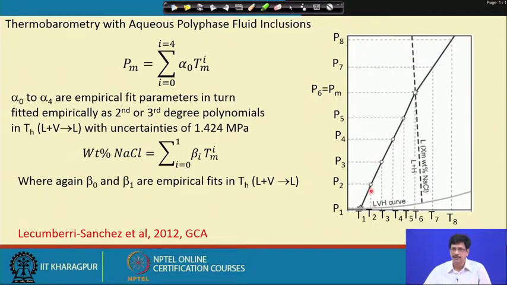During this evolution, the halite crystal keeps on dissolving in more and more amount, and its volume reduces, and it reaches a point where the halite completely dissolves, written as P6, and that Pm corresponds to the pressure at the melting or dissolution of the halite, and it moves along this liquid vapor curve and reaches a point here.